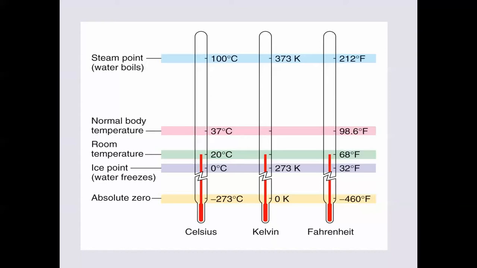The Kelvin scale is fixed so that water freezes at 273 degrees and boils at 373 degrees. As in the Celsius scale, there are 100 degrees between freezing and boiling of water in the Kelvin scale. So, 1 degree temperature change in Celsius is equivalent to a 1 degree temperature change in Kelvin.